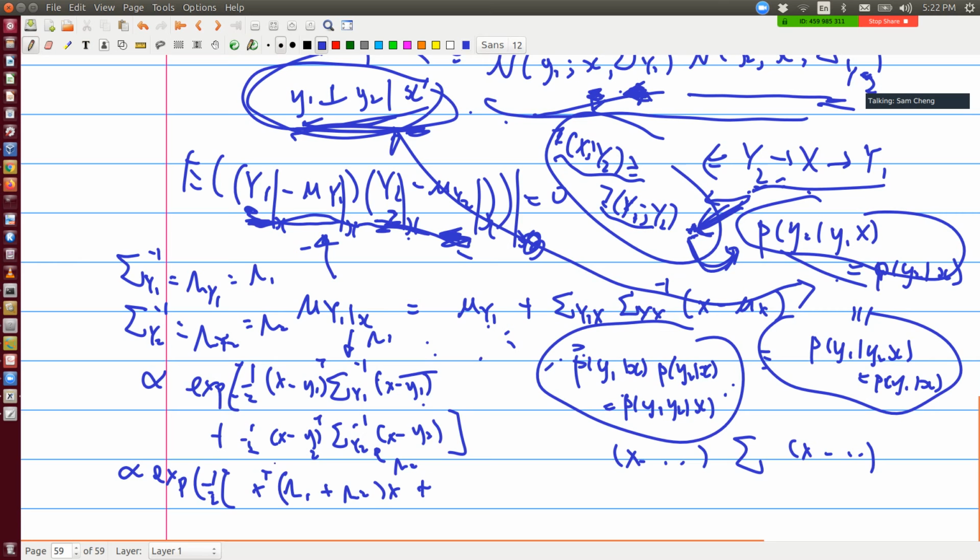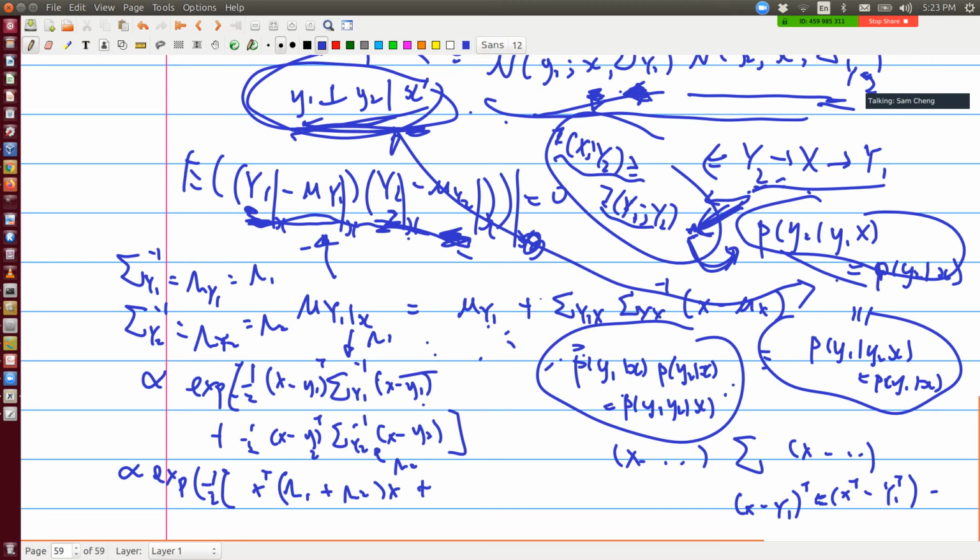I have to transpose that too. You have x minus y1 transpose will be like x transpose minus y1 transpose, right? So like that, and then this one to here and this one to here.